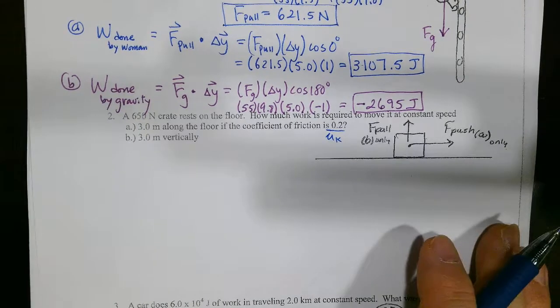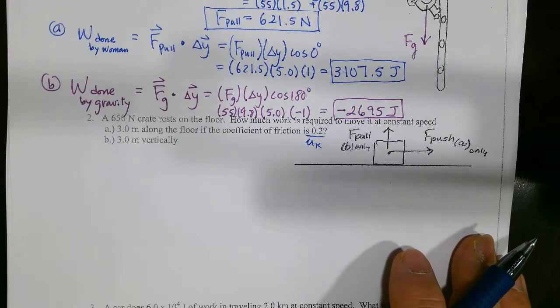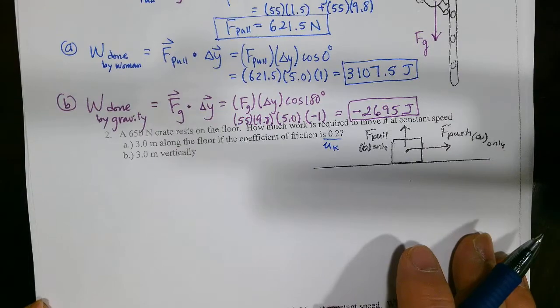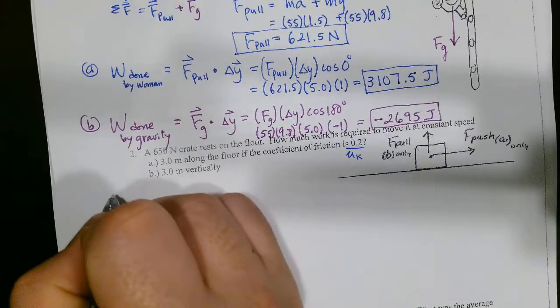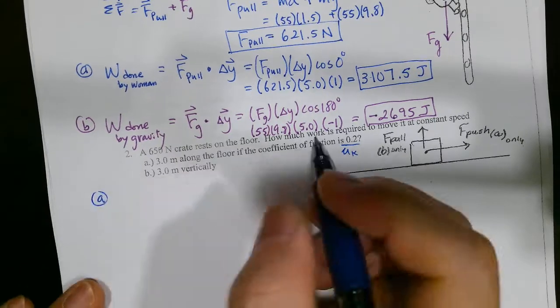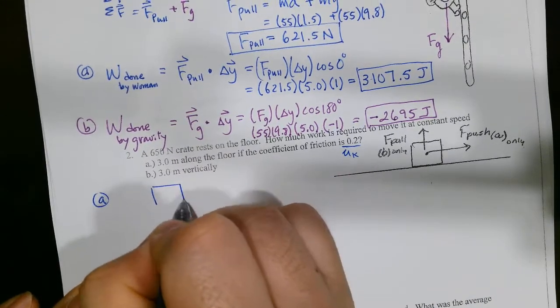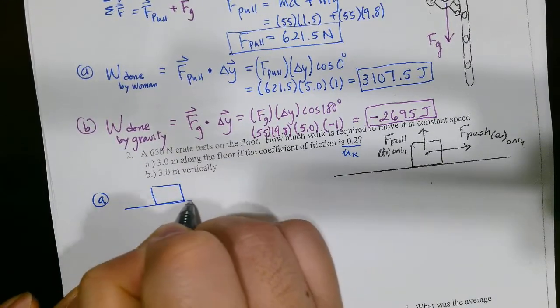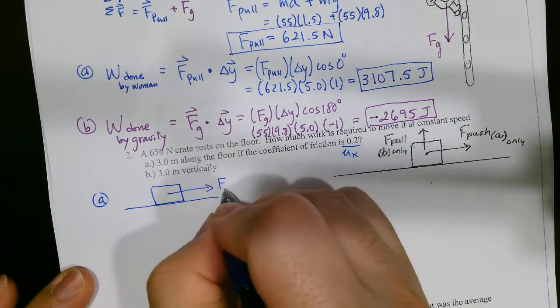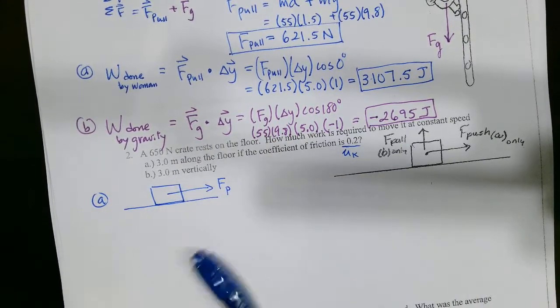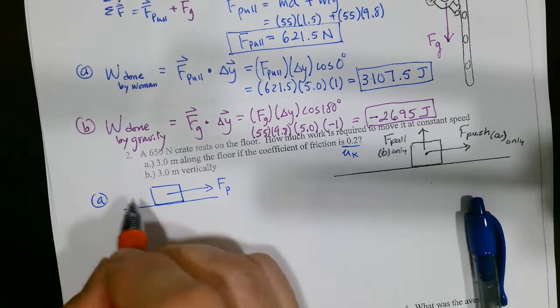So if you were to think about pushing it across the floor for part A, I have F push and I have F friction.